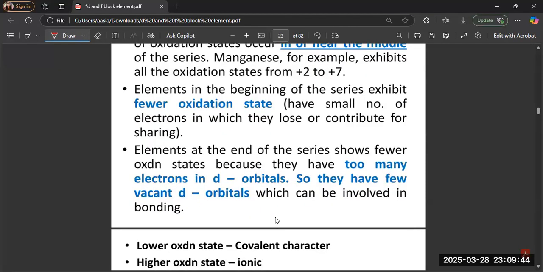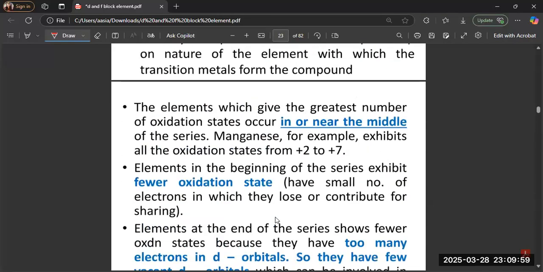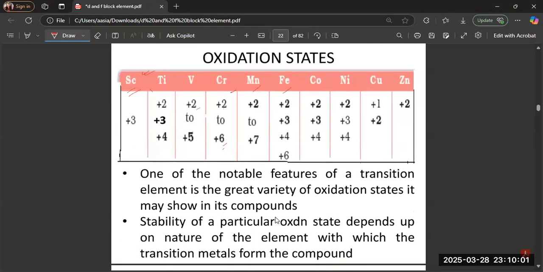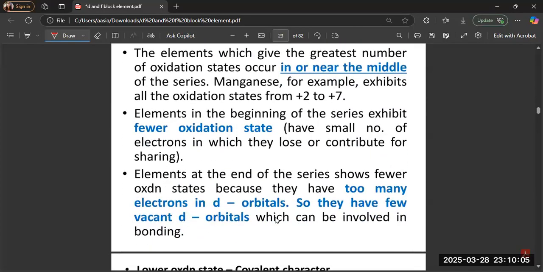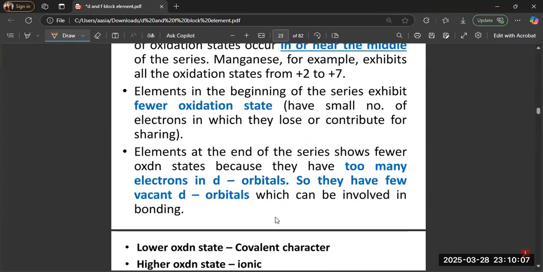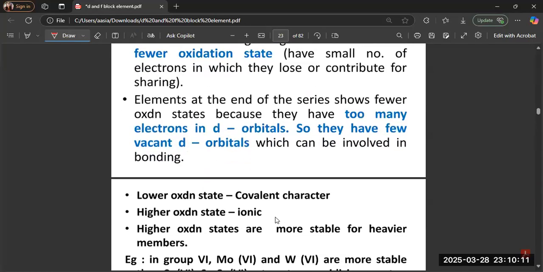Elements at the beginning of the series exhibit fewer oxidation states, which have a smaller number of electrons. Why do they show fewer oxidation states? Because they have a small number of electrons which they lose or contribute for sharing. Like scandium, it shows only +3 oxidation state.